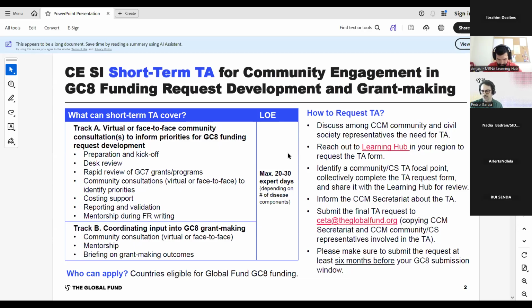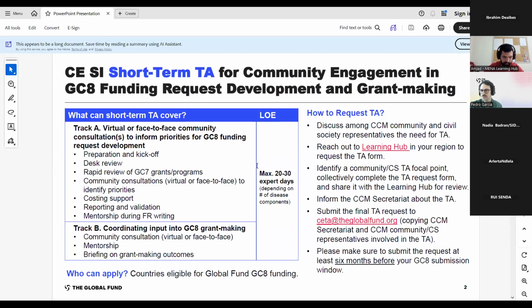So it's really an opportunity for communities to come together and agree on having a common front in terms of deciding priorities. It can also include support for costing these priorities, so that communities can also come with stronger costing arguments, which is particularly relevant now around the discussions of efficiency.